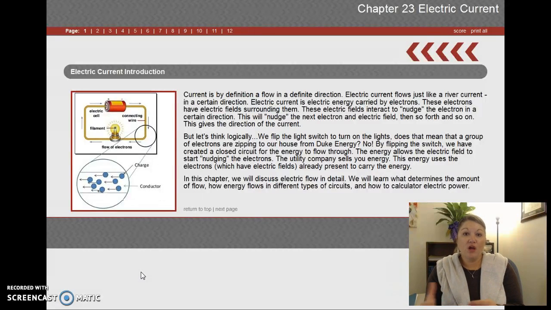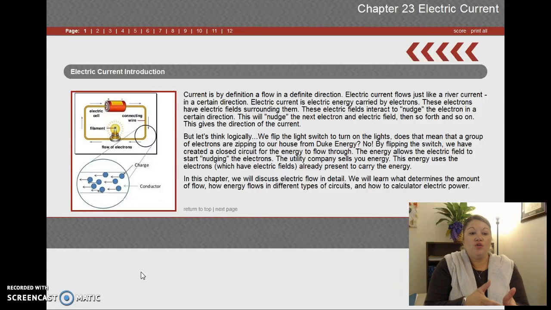So the energy flows at the speed of light through all these electric field nudges. Now the electrons do move some, and you do have them moving down the line, but that's not what carries the energy. It's this domino effect of electric fields that carries the energy. So the electric fields move at the speed of light, not the electrons, and that is how you get your energy to your home.